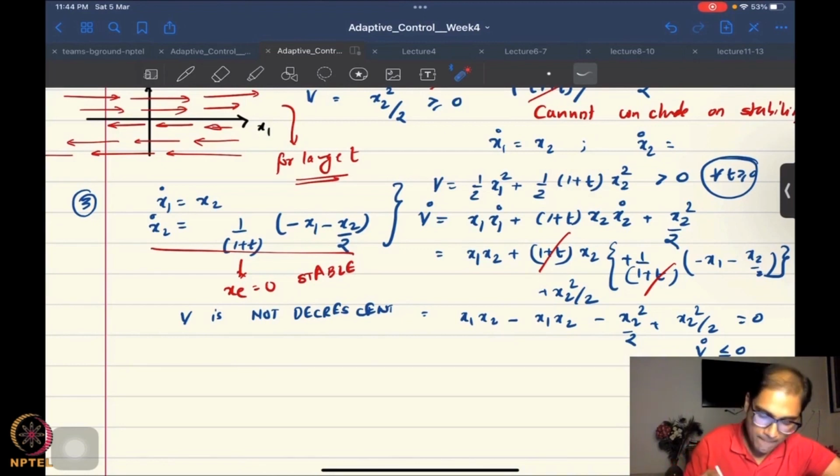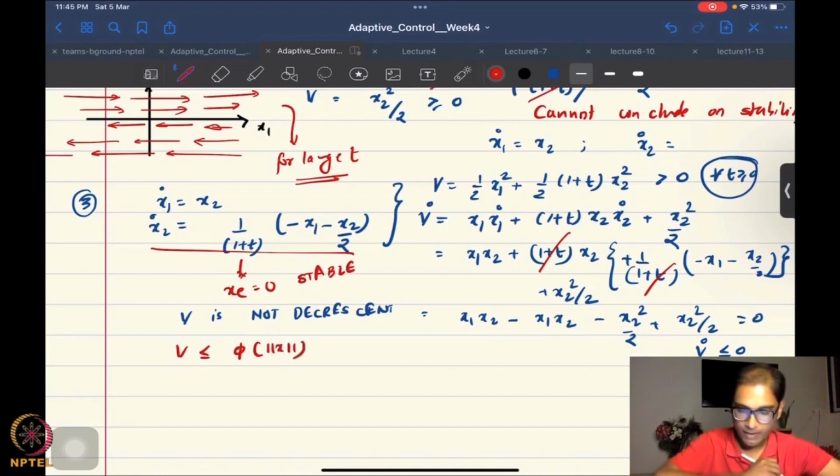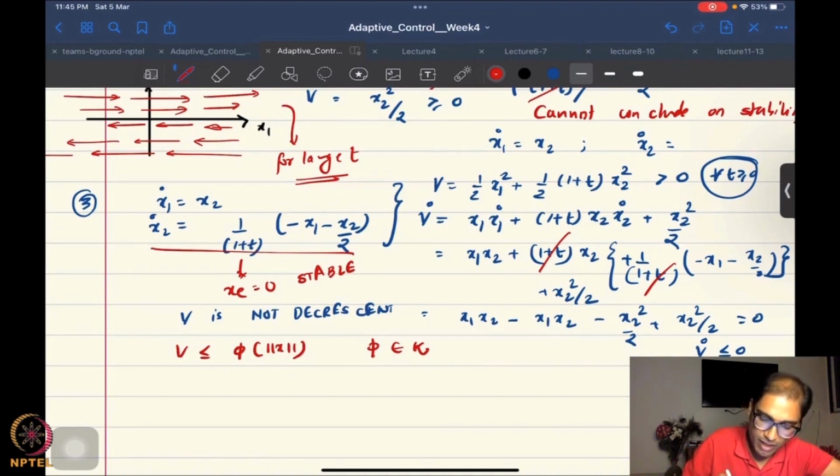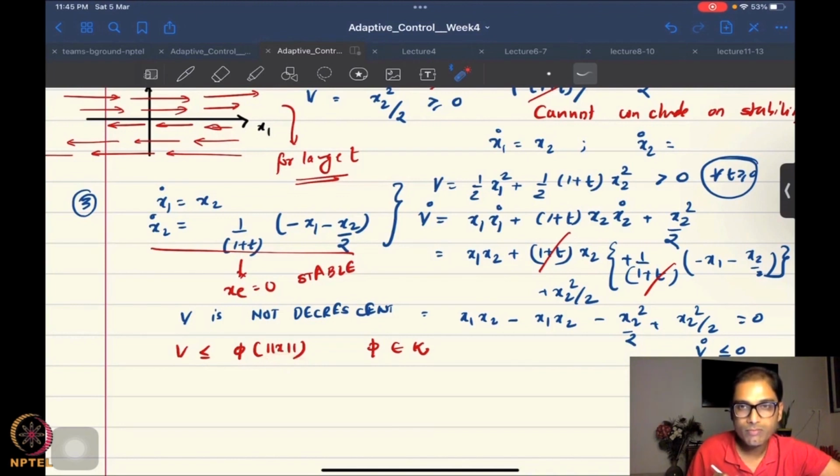So I cannot ever claim that V is less than or equal to phi of norm x, where phi is a class K function. Why? Because phi is just a function of the states. So if you give me any such phi, for that fixed phi, I will fix a state x, some very small value of the state, it doesn't matter.